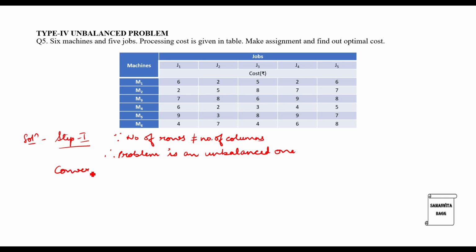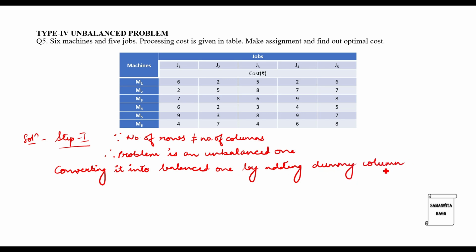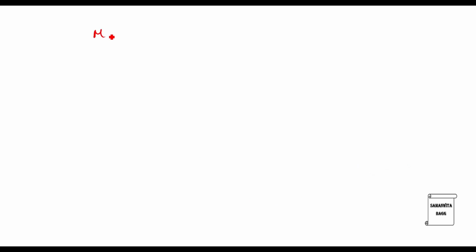Converting it into balanced one by adding dummy column. So we will draw this table.